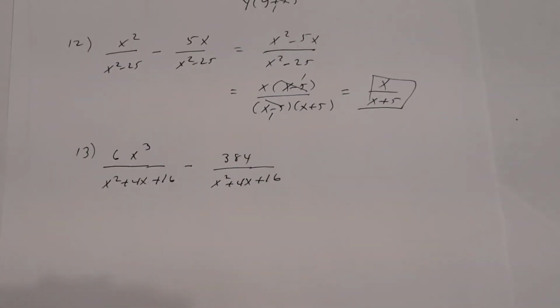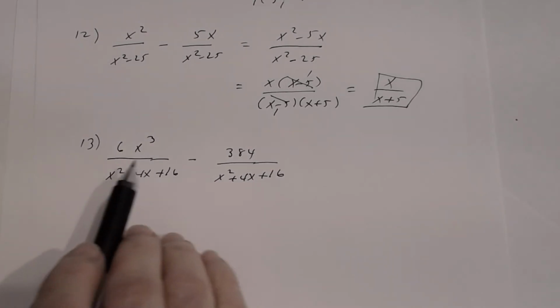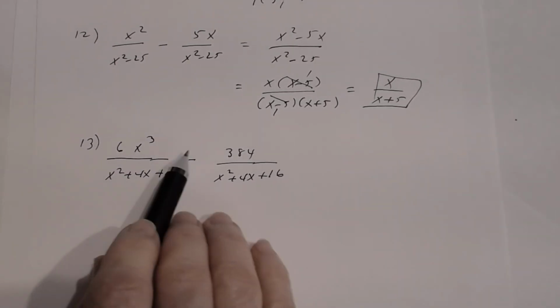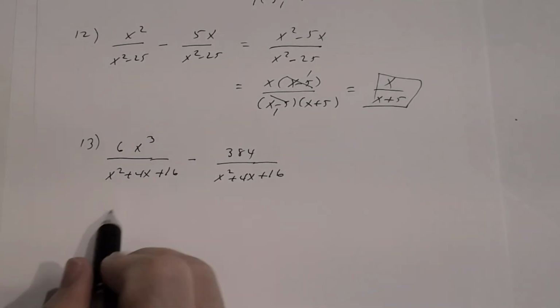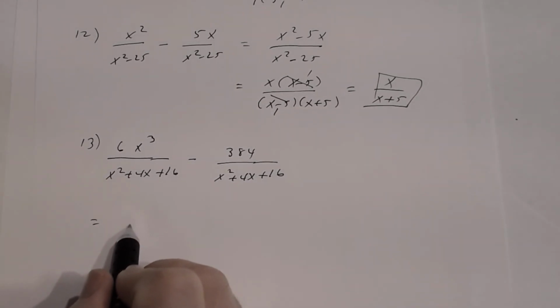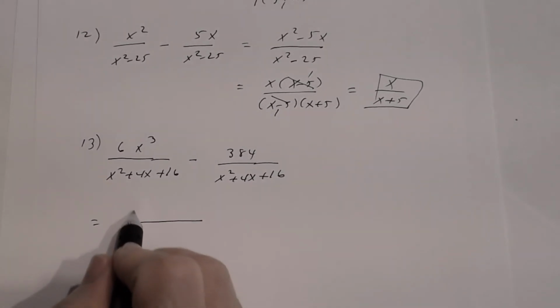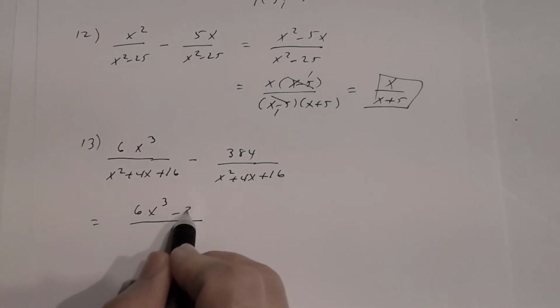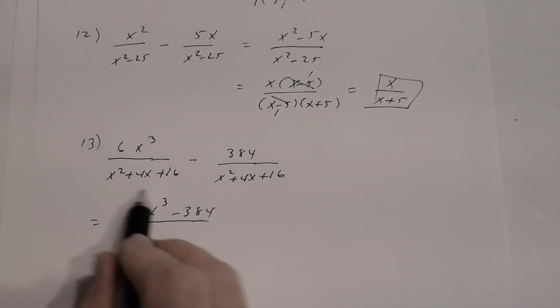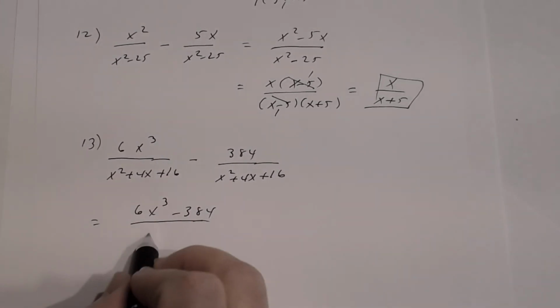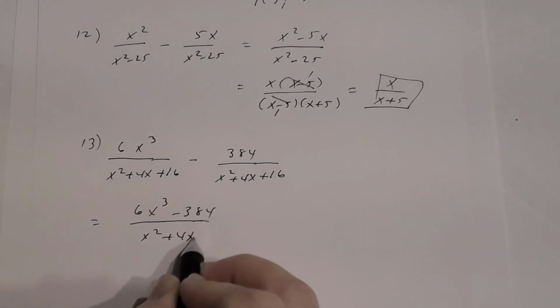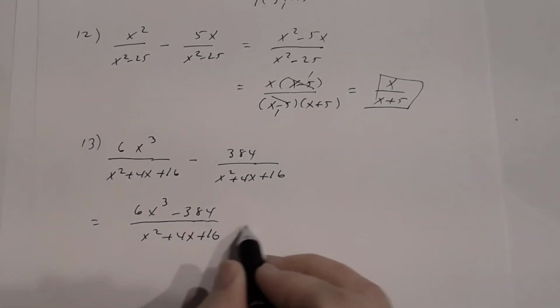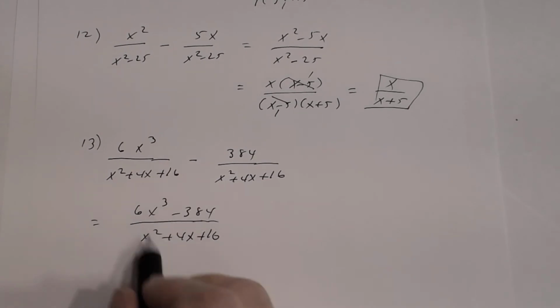All right, so again, if you look at this, the numerator is pretty easy to write out in one rational expression. That's 6x cubed minus 384. The denominator is going to be x squared plus 4x plus 16.